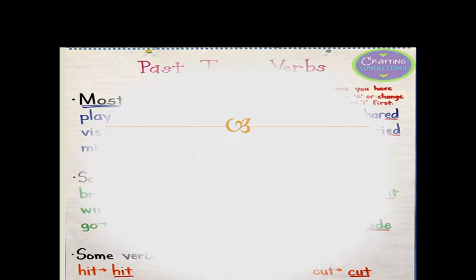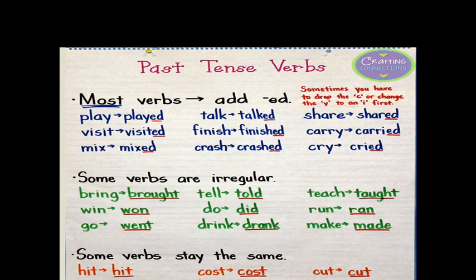Here you can see some examples of regular and irregular verbs, and some verbs that stay the same. You have to learn all these forms of verbs.